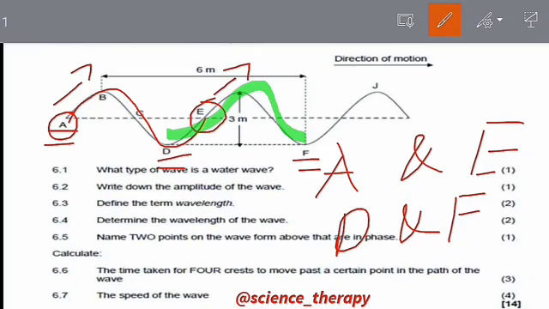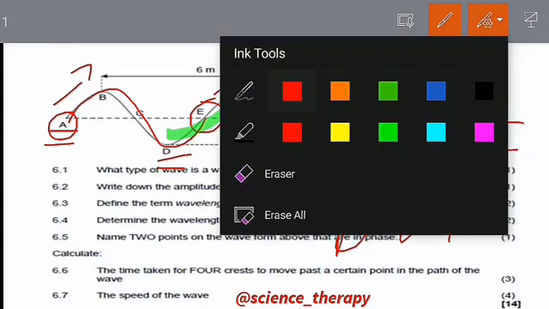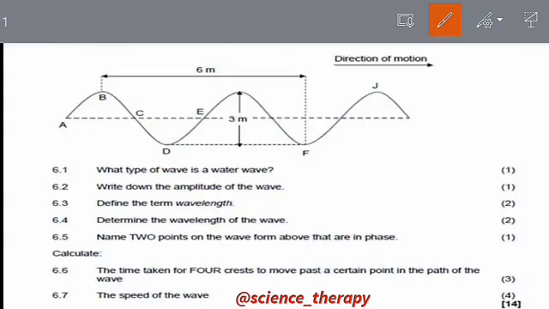Now 6.6 says, calculate the time taken for 4 crests to move past a certain point in the path of the wave. Now if we check here, we have how many crests? This is 1, 2, 3. But the question is asking us to calculate the time taken for 4 crests to move past a certain point.